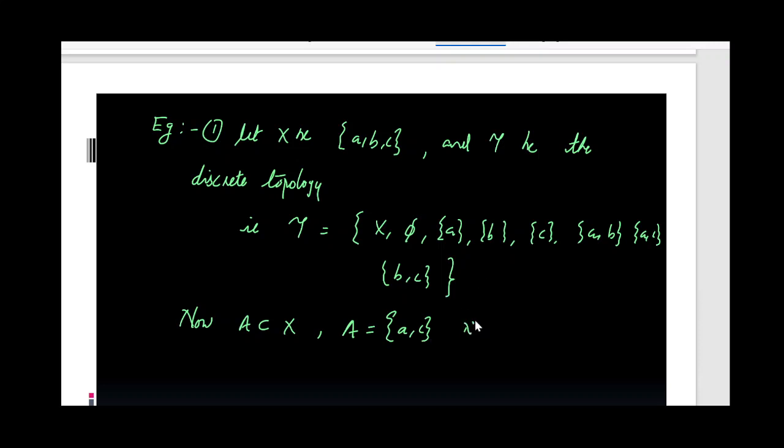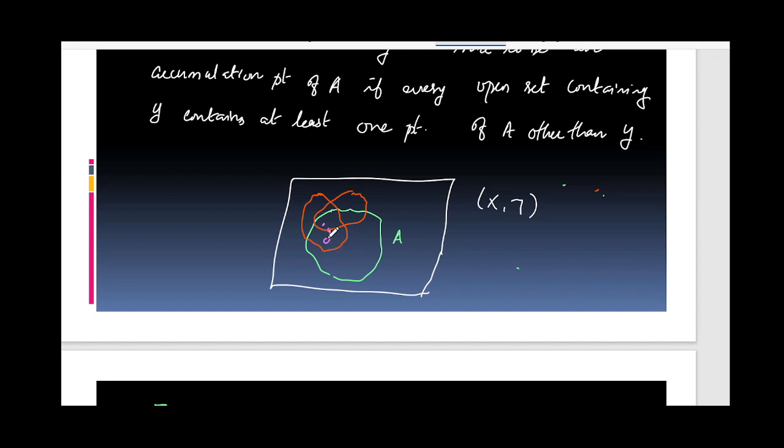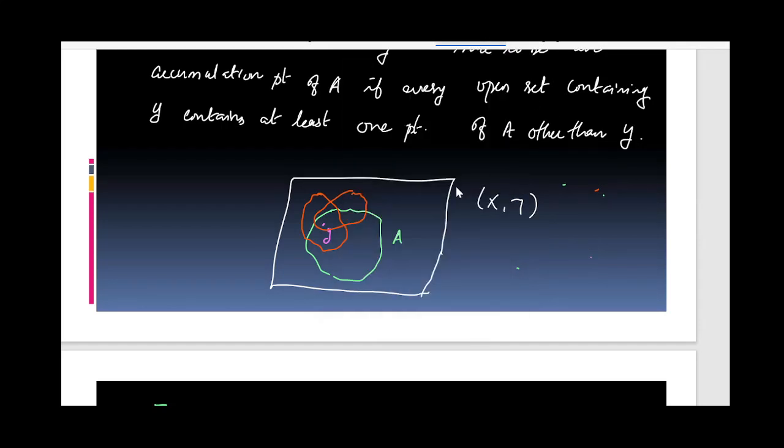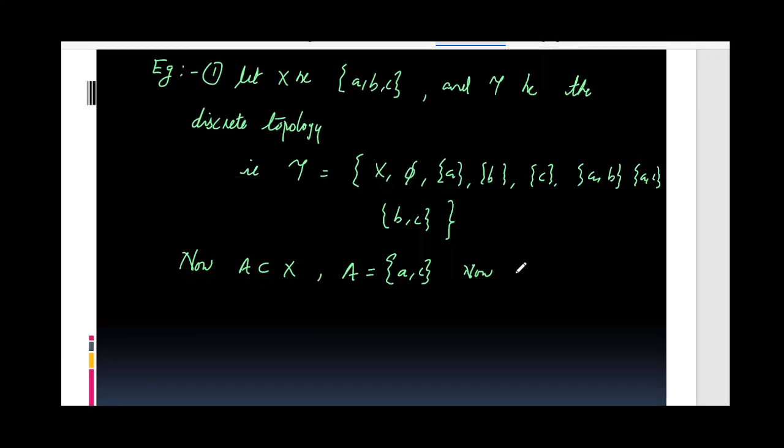Now see, previously I have drawn y belonging to A only, but there is no need that y should belong to A. y can be somewhere outside also. That point may not belong to A, which is also possible. So in this case, what are the possibilities for the accumulation point?